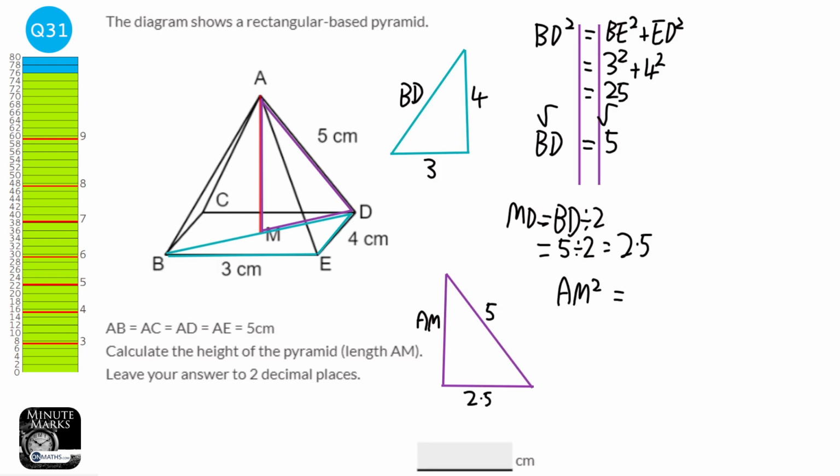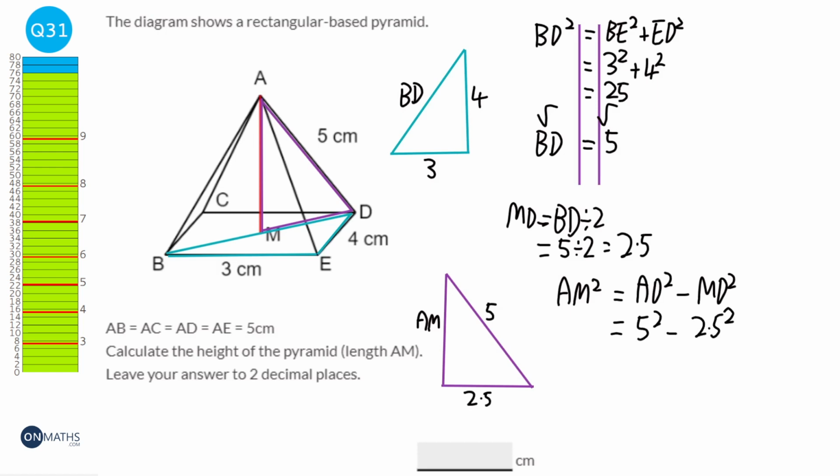So AM squared is going to equal AD squared, take away MD squared, and AD squared is going to be 5 squared minus 2.5 squared, which is going to equal 18.75.